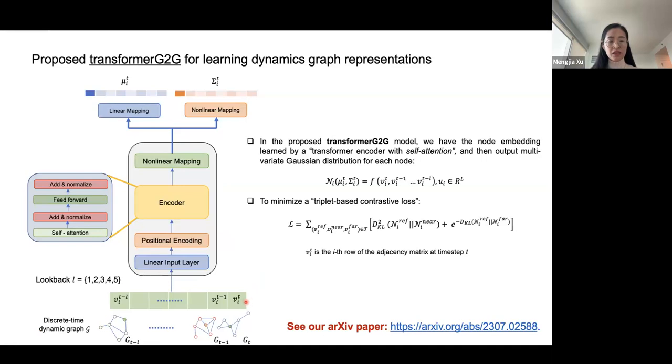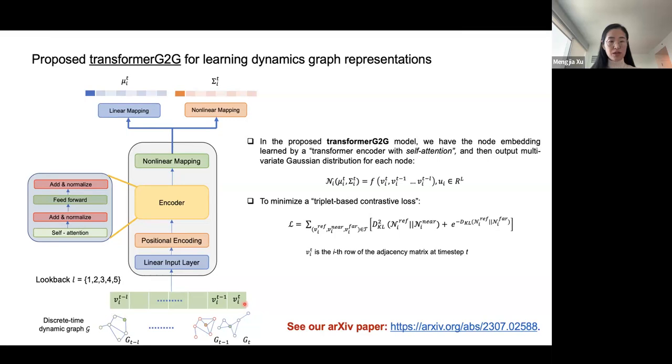So we input v_i^t with the previous L time steps. L is a hyperparameter in our work. We can predefine this parameter from 1 to 5. Basically, 1 uses the previous 1 time step.